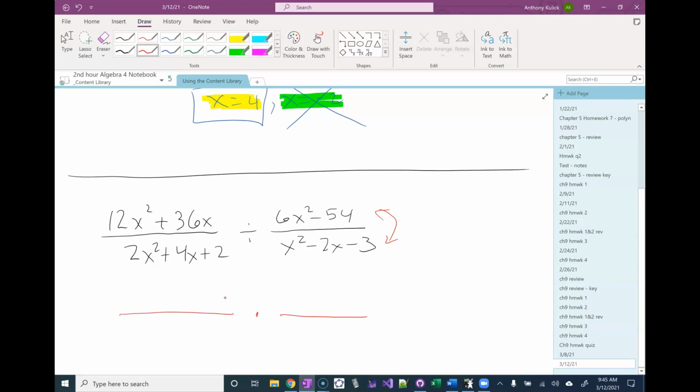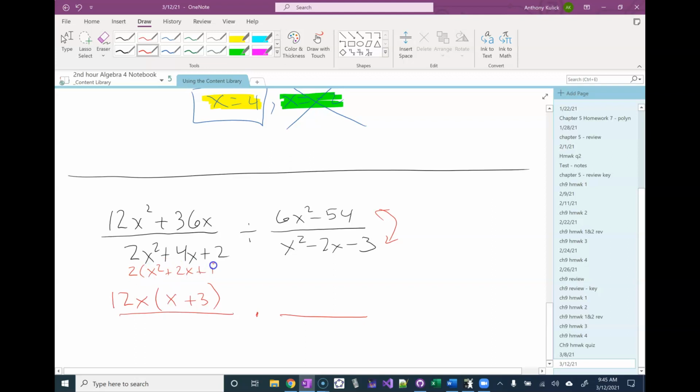Okay. So if I look at the first numerator, 12x squared plus 36x, I notice there's a greatest common factor of 12x. When I take that out, I'm left with x plus 3. Is that okay? In the denominator, I notice that I have a greatest common factor of 2.